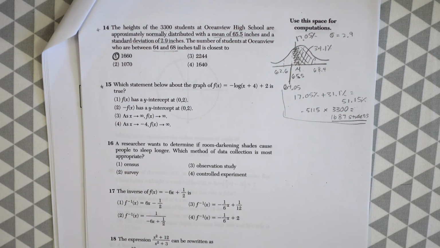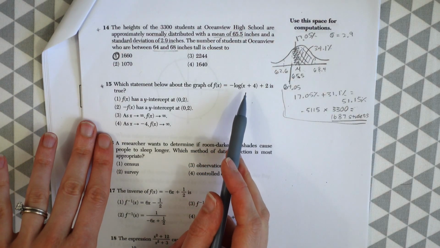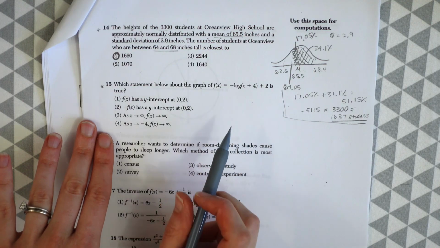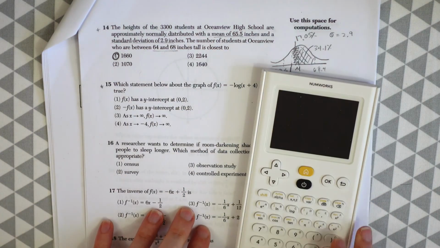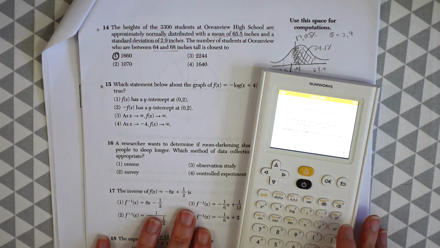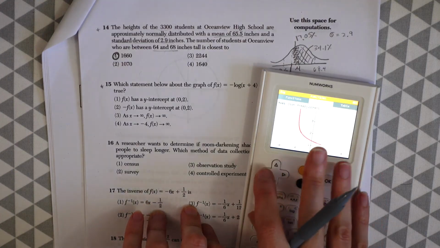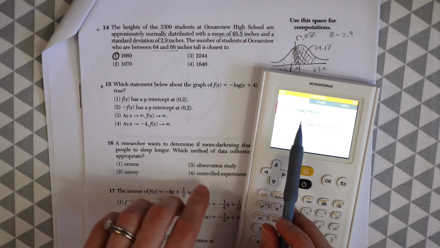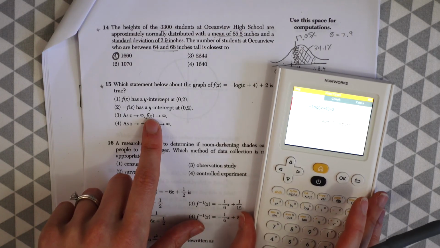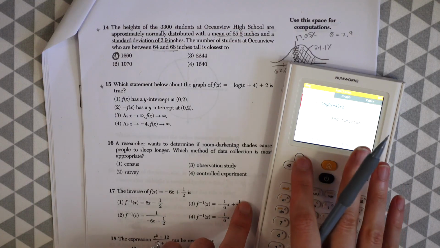Question number 15. Which statement below about the graph of f of x equals negative log of x plus 4, plus 2 is true? Let's graph this on our calculator. So we plugged in f of x equals negative log of x plus 4, plus 2, just like it has in our equation.